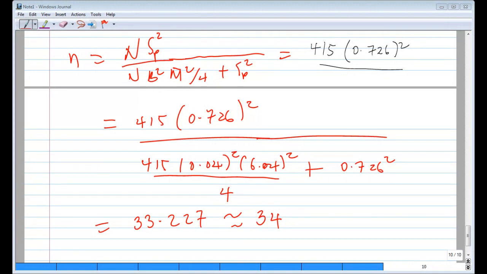Let me remind you of the weights of the sample theory module, how to calculate your mark. The quizzes are 20%, the assignment is 10%, and 70% is for the tests.